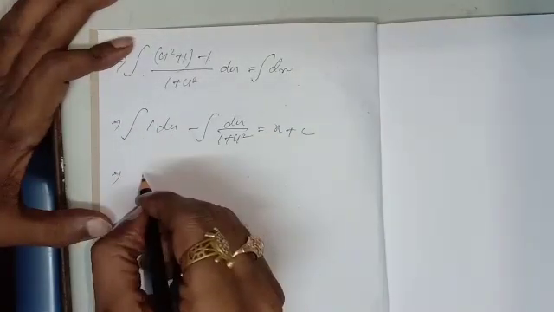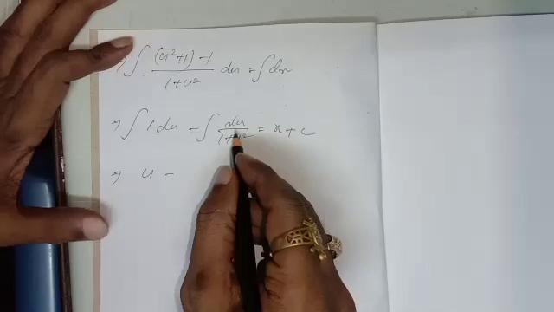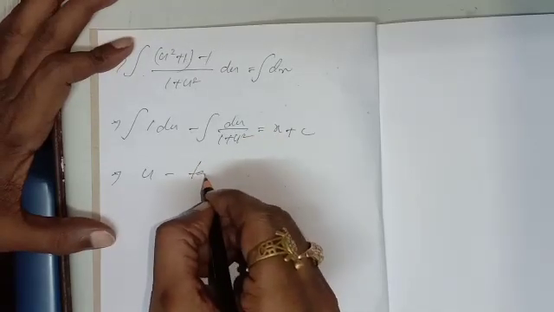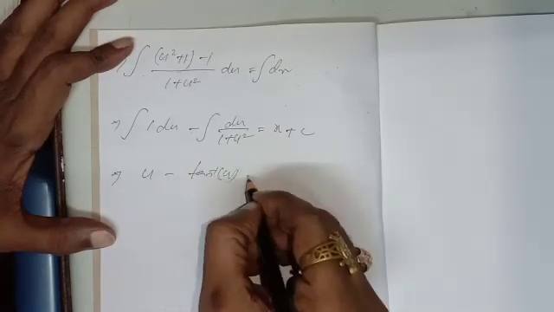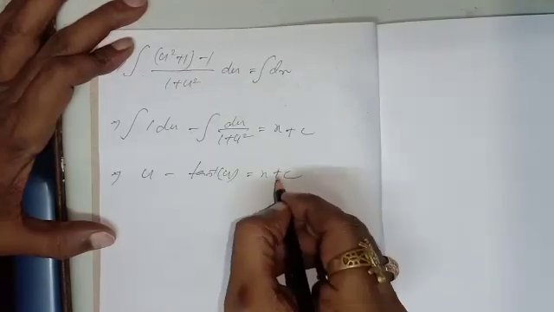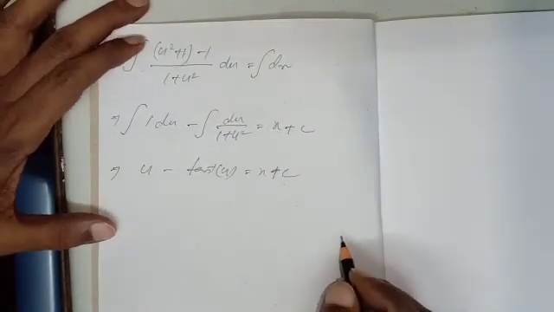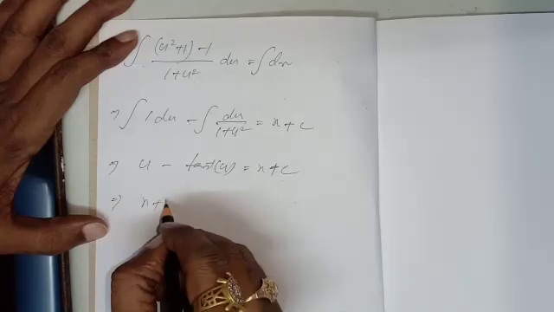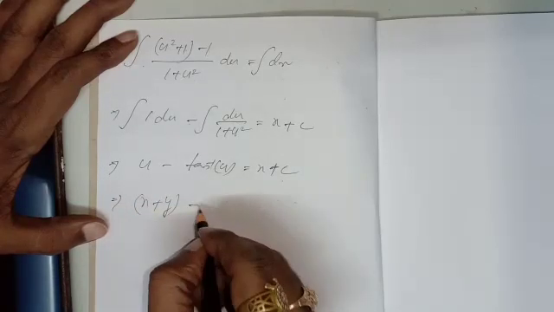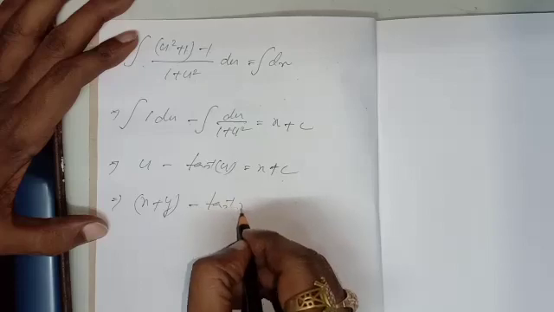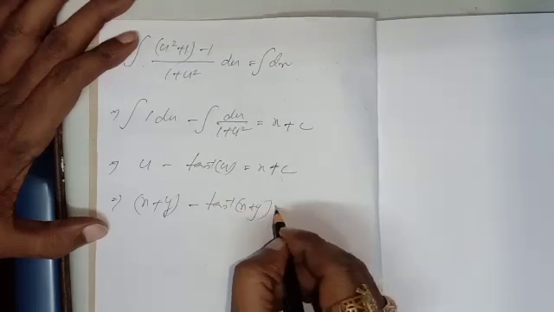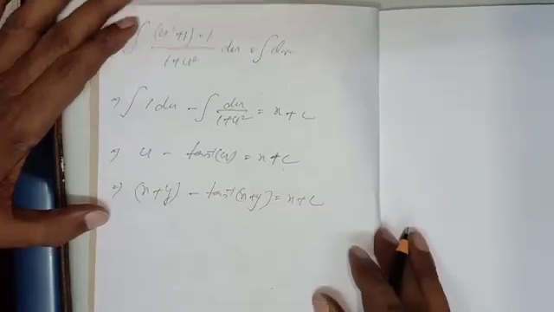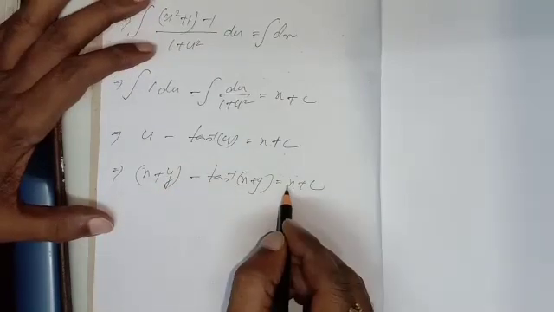Integration of 1 du means u, integration of du by (1 plus u square) is tan inverse u, equal to x plus c. And what is u that I have taken? u means x plus y. Putting the value of u as x plus y, minus tan inverse (x plus y) is equal to x plus c. Now this x will be cancelled out.